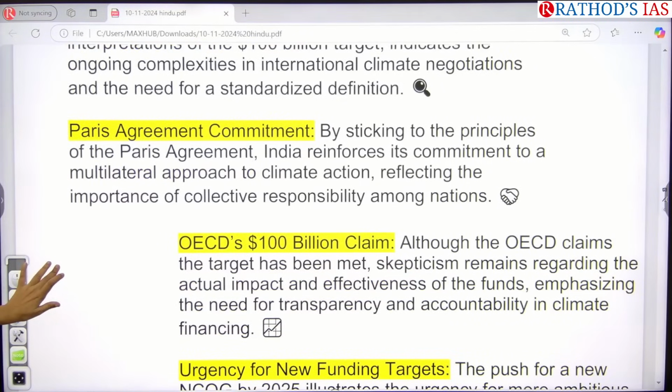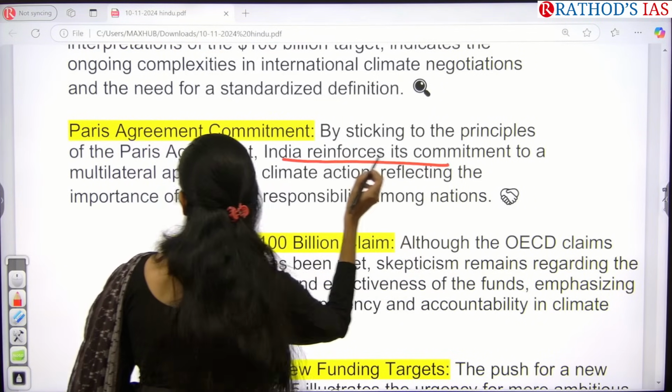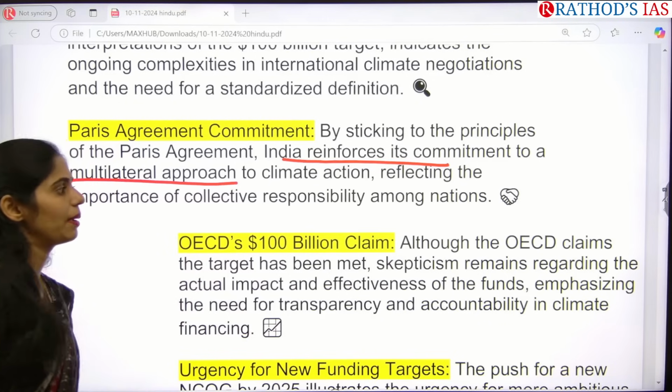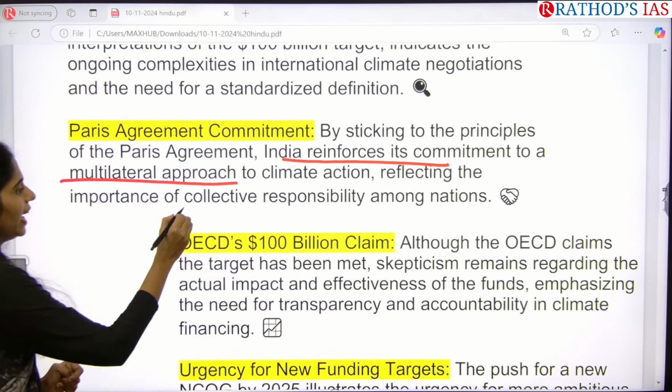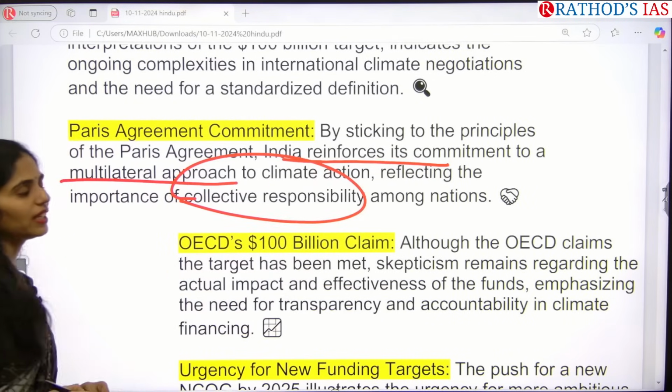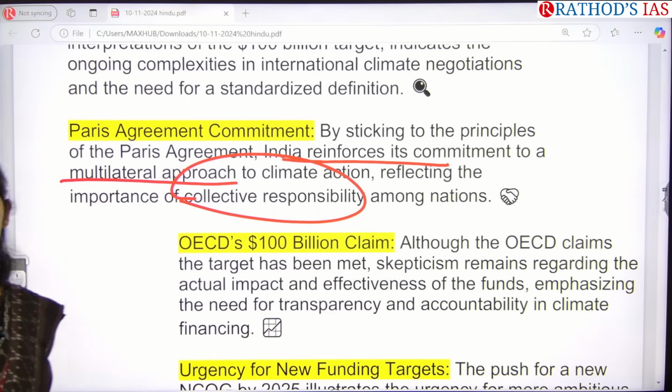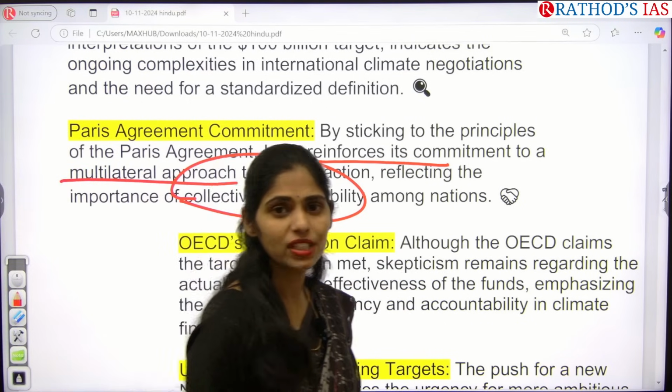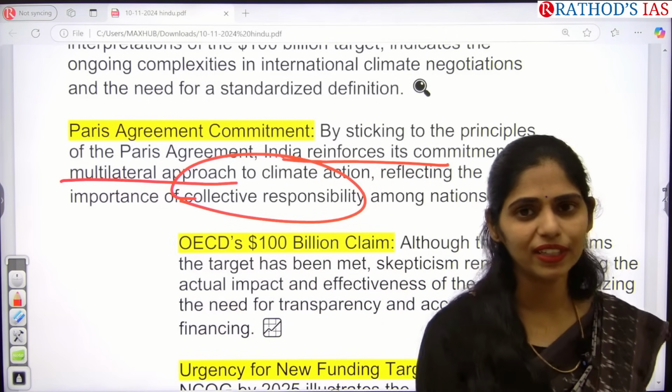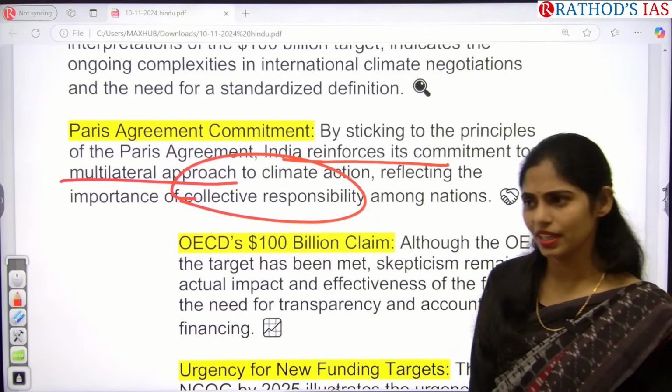And the next point is under this Paris Agreement. India reinforces its commitment to the multilateral approach to climate action, and it is saying that collective responsibility is very important, especially for developed countries. They have to take the collective responsibility for climate change, and they have to provide transfer of technology and climate finance.